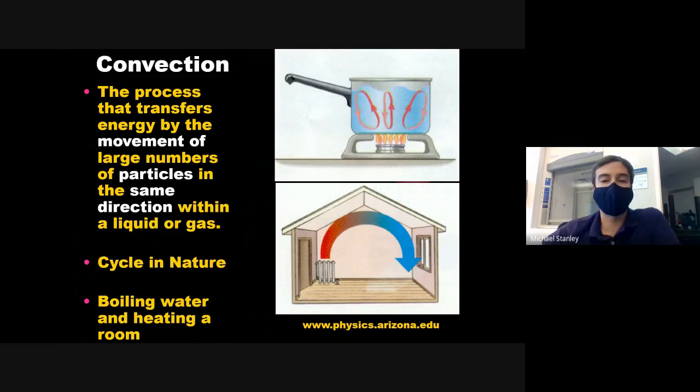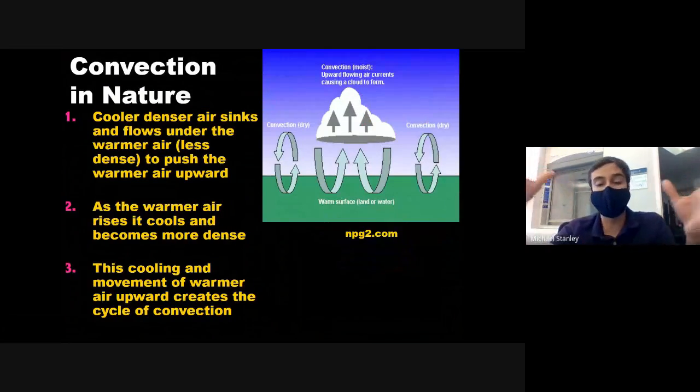We see this convection process happen a lot on really big scales in nature, where cooler and denser air will sink underneath the warmer air, which is rising up.